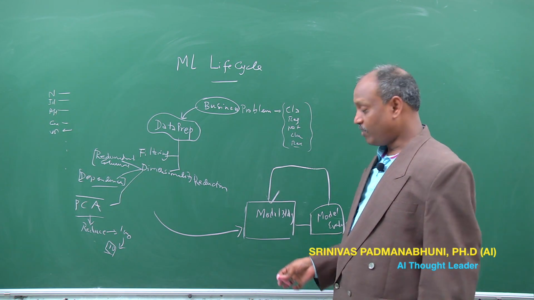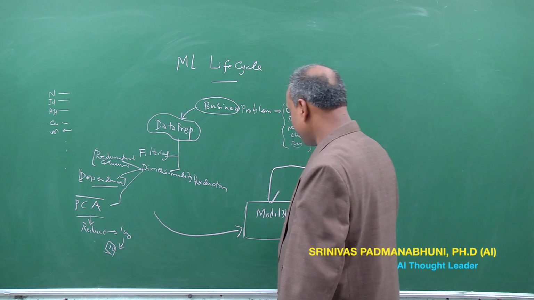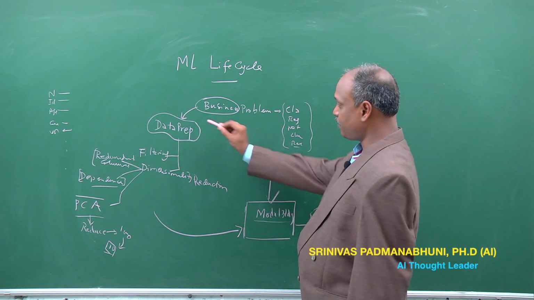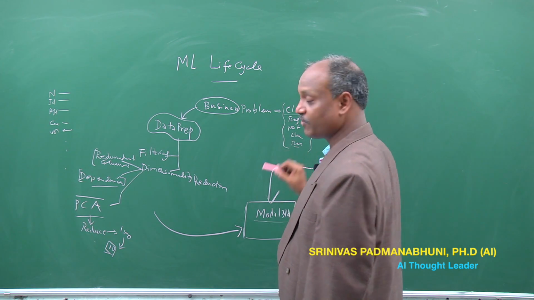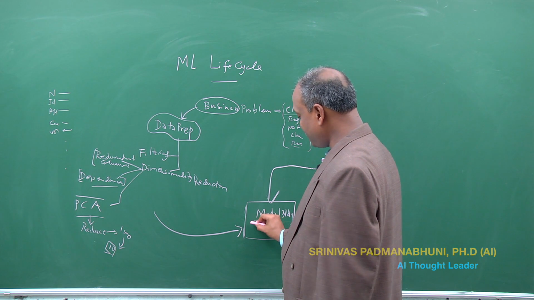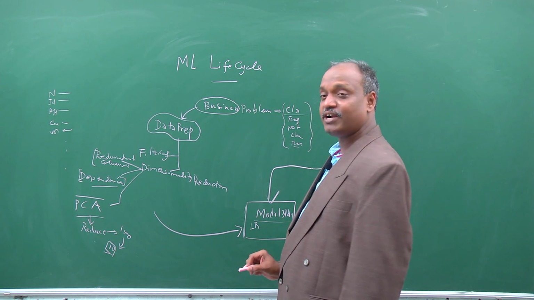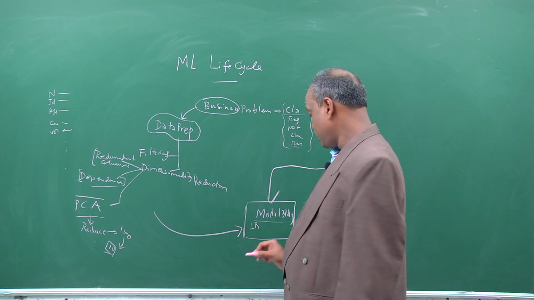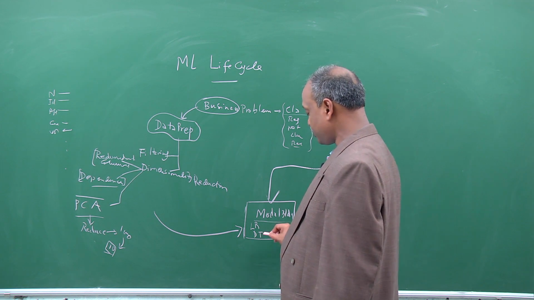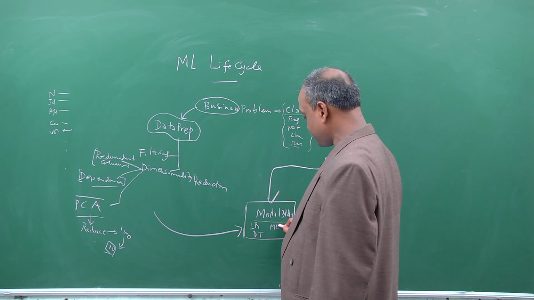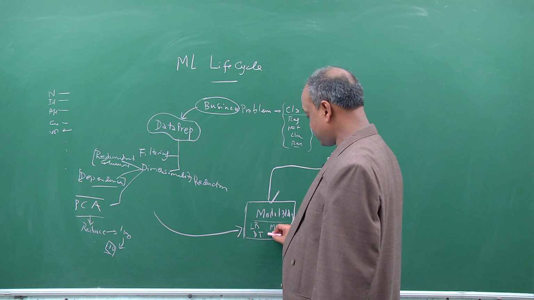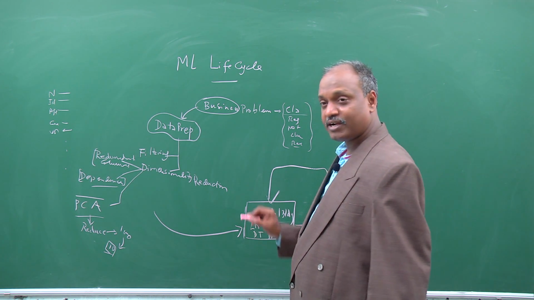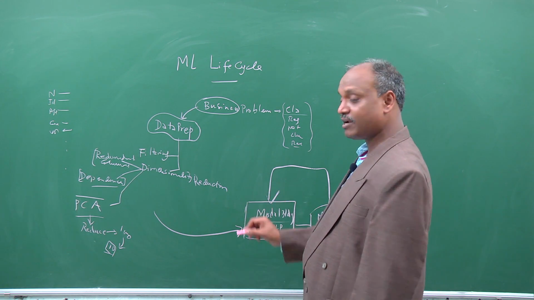By that I mean, once you have the problem formulated, depending upon the problem, suppose there is a classification problem, then you can run multiple algorithms here with different hyperparameters or different parameters. You can run a decision tree, you can run logistic regression, or a multi-layer perceptron, or a simple naive Bayes classifier, or different kinds of classification techniques on the data.